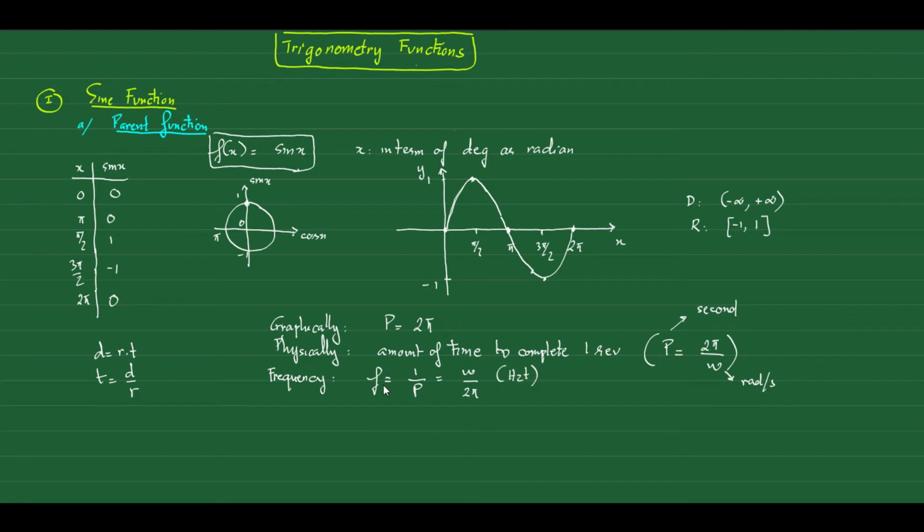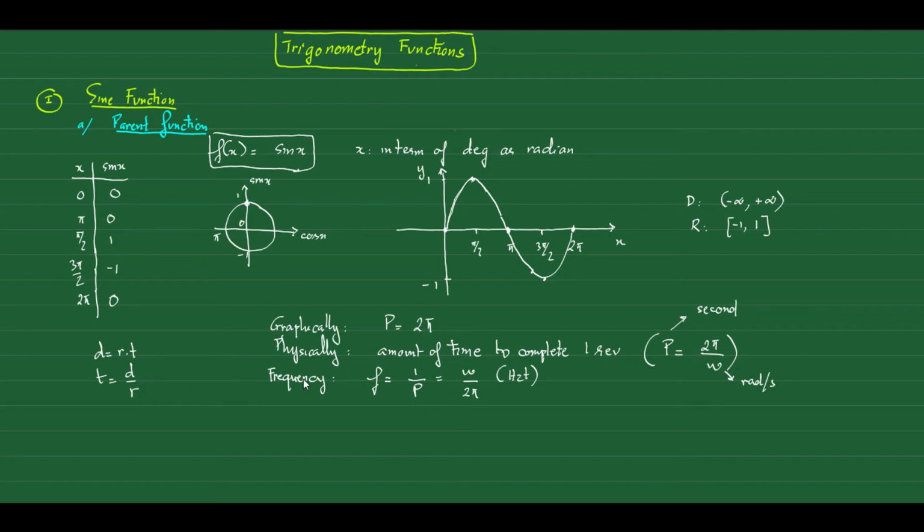We're gonna talk more about this when you take Physics 1. But it's good to know at this time because it lets you tell the difference between the period in terms of graph and the period in terms of time.